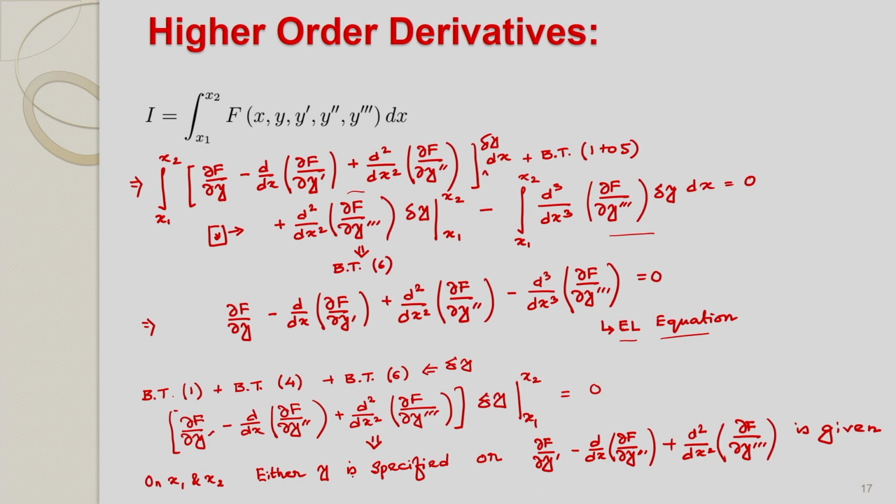So, this is the essential boundary condition, either y is specified or this term is given. So, this is one set of boundary conditions, boundary condition 1.